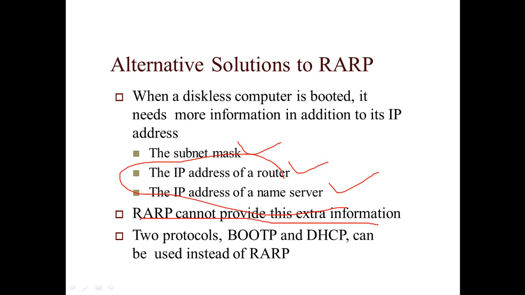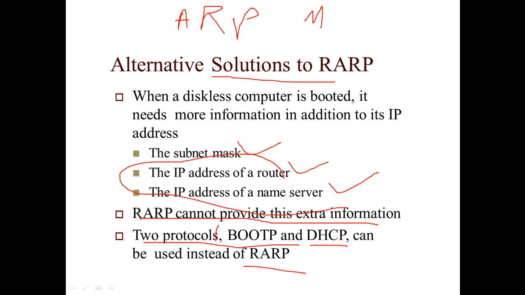For this extra information, you have to use BOOTP or DHCP instead of RARP, because RARP does not provide you the whole information. Just like ARP, which only provides you a MAC address given that you have provided its IP address, RARP is just two things.